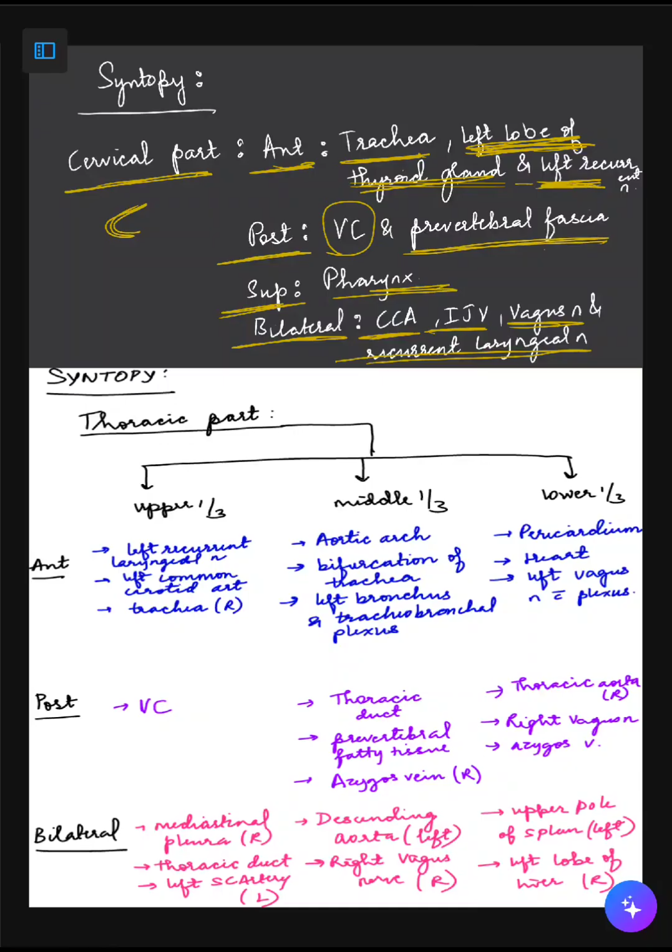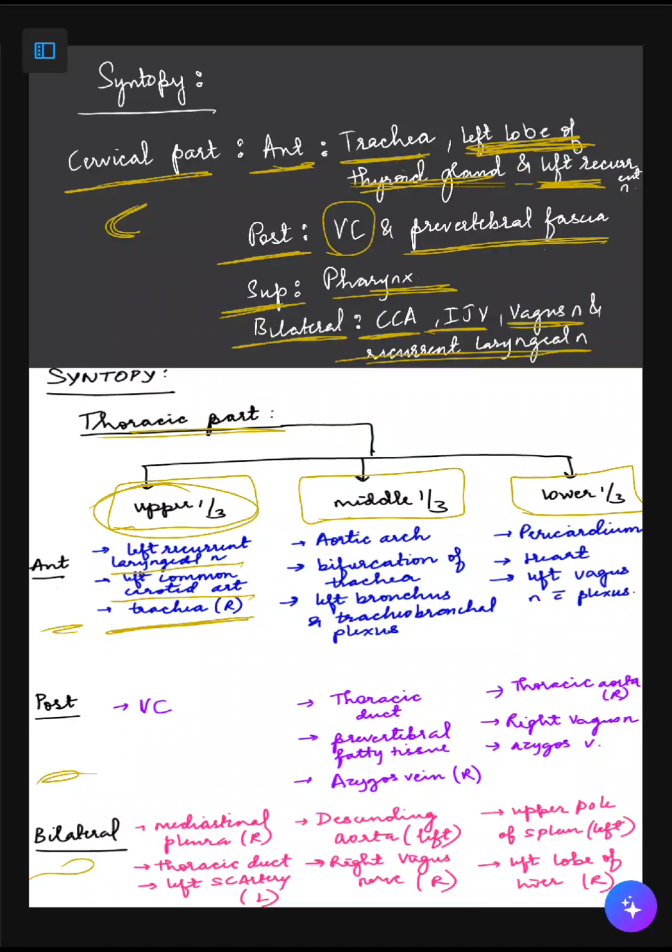Next is the syntopy of the thoracic part: anterior, posterior, bilateral. The thoracic part is again divided into upper 1/3, middle 1/3 and lower 1/3. Now, anteriorly in the upper 1/3: left recurrent laryngeal nerve, left common carotid artery, trachea.